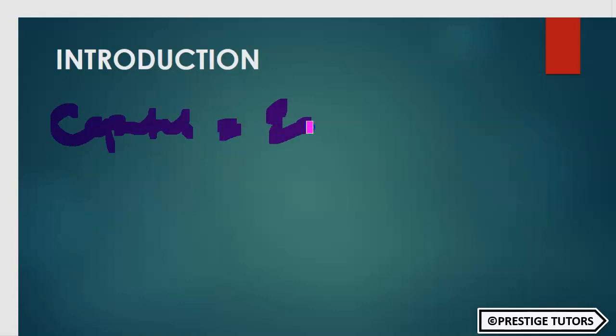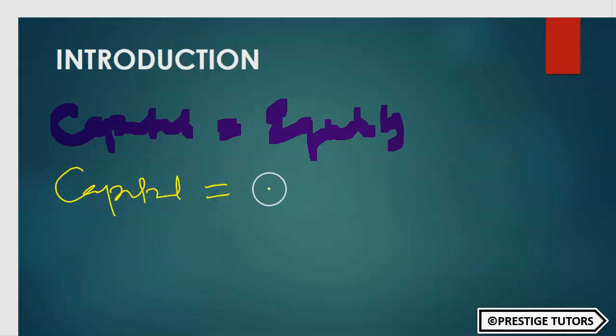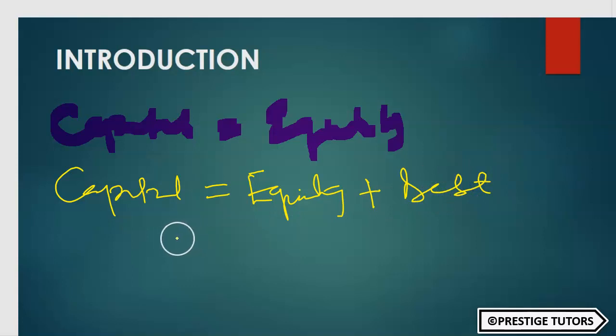What percentage of my capital is equity, that is owner's fund, and what percentage of my capital is debt, that is money that I borrowed? So that is the essence.